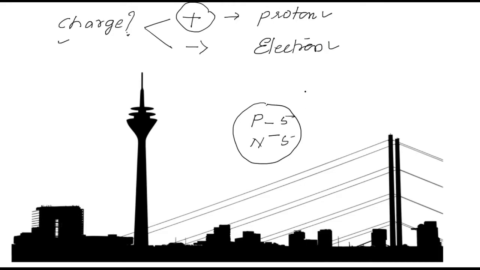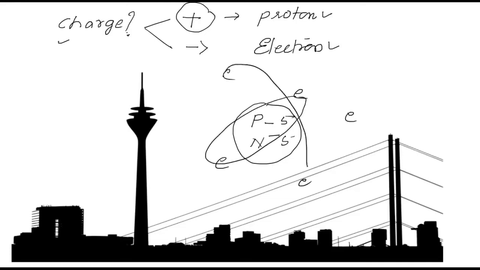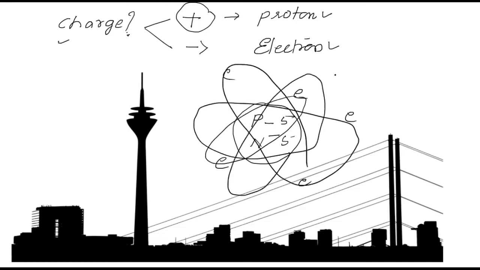They are always equal, and then we will have 5 electrons all around. Then they will be moving in different paths around this. So these are responsible for the negative charges. Electron is for negative and proton for positive charge.